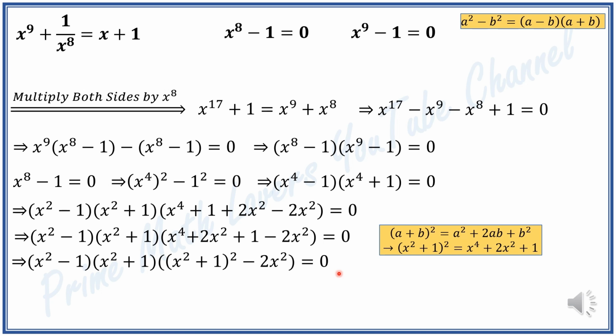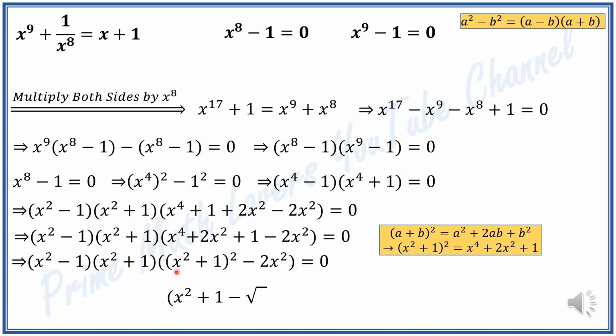Now I can apply the difference of squares identity to this factor. We have a to the power of 2 minus b to the power of 2. So I'll get a minus b times a plus b. a is x squared plus 1 and b is square root of 2x squared, which will be square root of 2 times x.